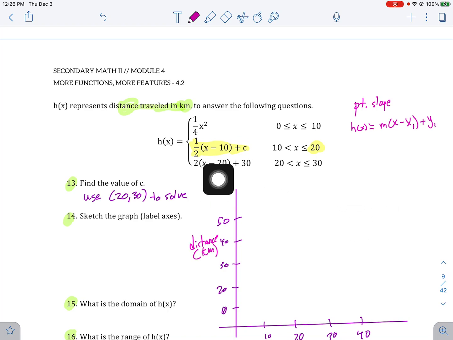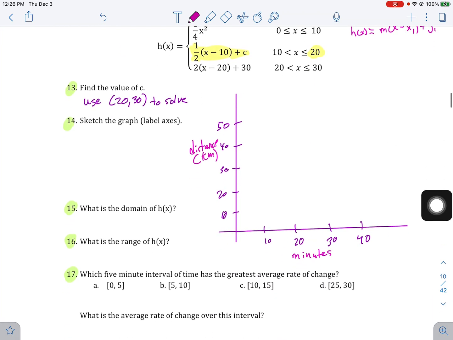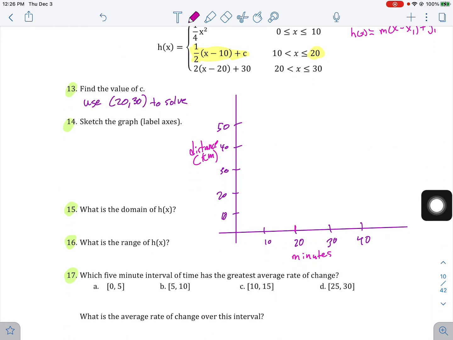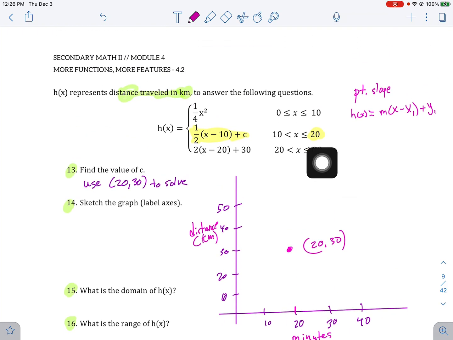We know that 20 and 30, 20 for minutes and 30, there is a point there at 20, 30. So we also know that the 20 is part of the domain for this function. If the x value is 20, the y value is 30.